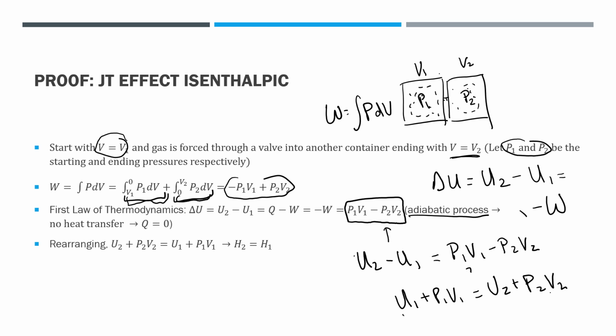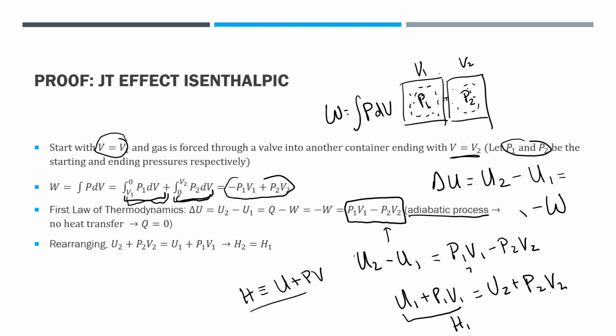And U1 plus P1V1, this is defined as the enthalpy at our first state, right? Basically the enthalpy at the beginning. U plus PV is what enthalpy is defined as. So H, enthalpy, is defined as U plus PV.